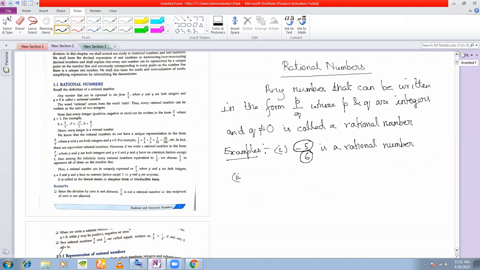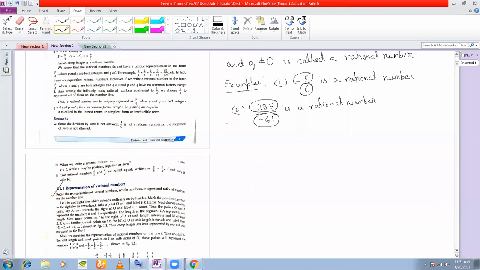Let us say 235 by minus 61 is a rational number because this is a fraction. In the numerator you have an integer 235, and in the denominator also you have an integer minus 61, which is obviously not equal to 0. So any fraction that is given to you must be a rational number.